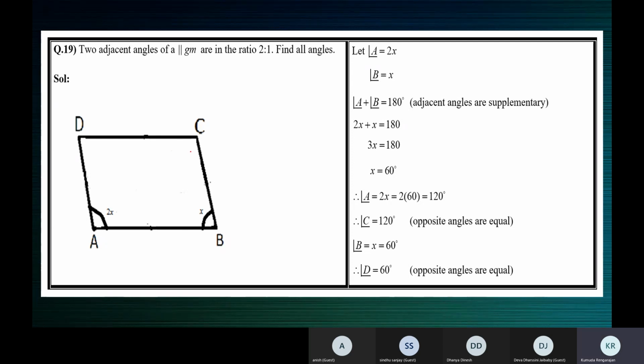Opposite angles are equal. So this is also 2x. This is 2x. Again, this is x. This is x. So 2x plus x plus 2x plus x is equal to 360 degrees because the sum of all the four angles in a quadrilateral is equal to 360 degrees. That way also you will get x is 60.